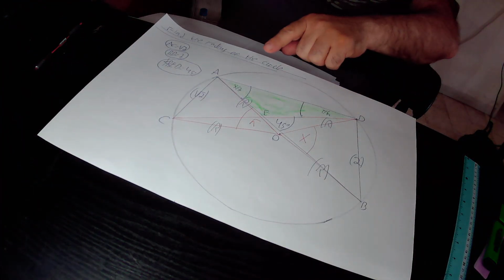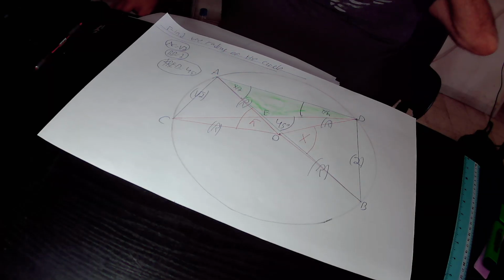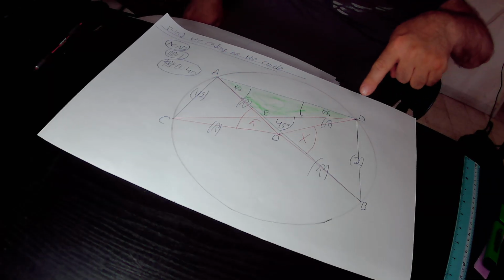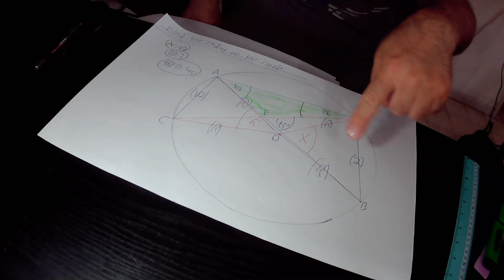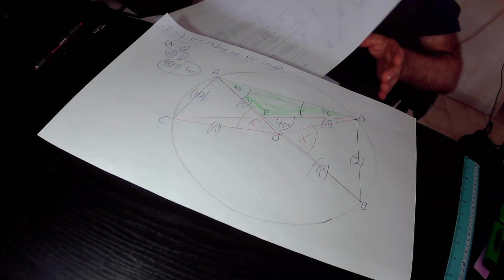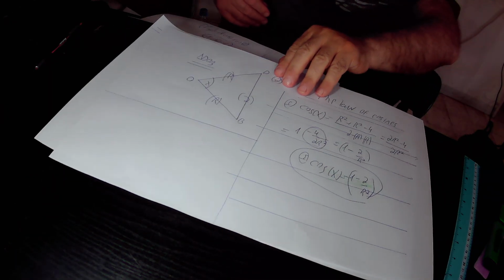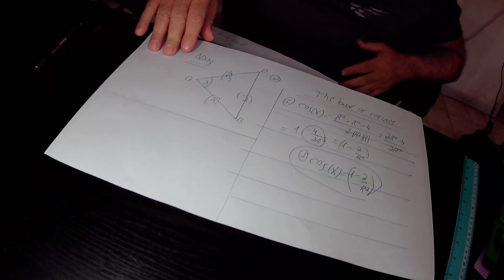So in the next step, I'll complete triangle AOC on a new page and implement the law of cosines. I copied triangle DOB onto the new page and implemented the law of cosines in this triangle DOB. So this is triangle DOB that I copied from the original diagram.